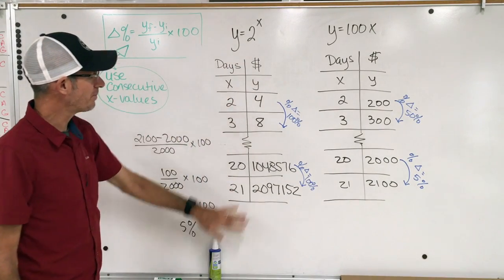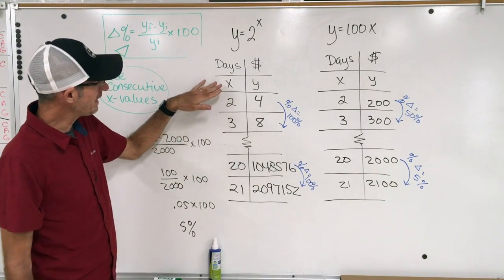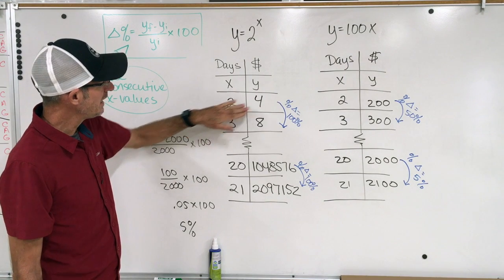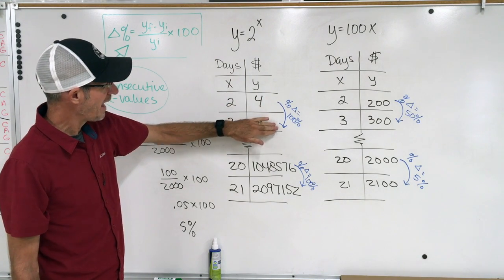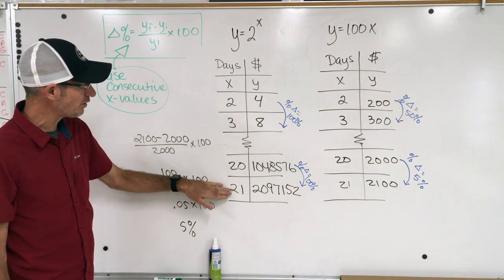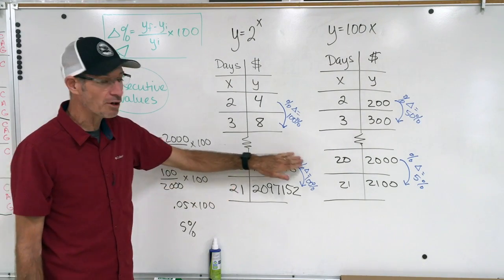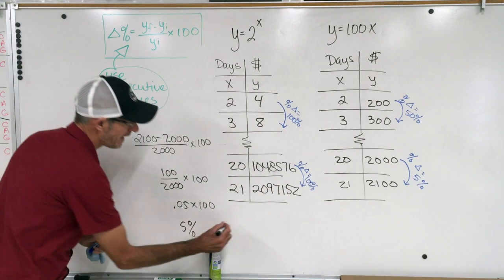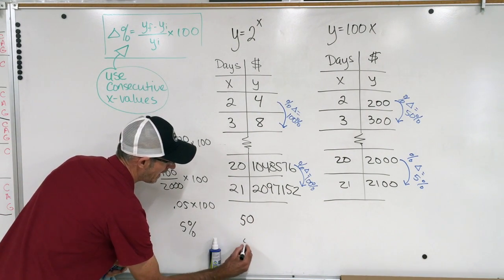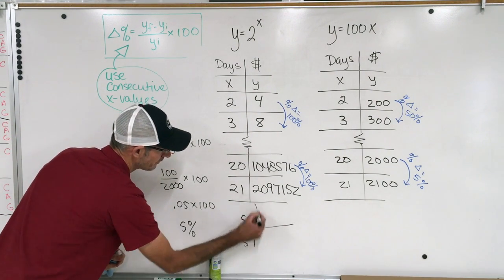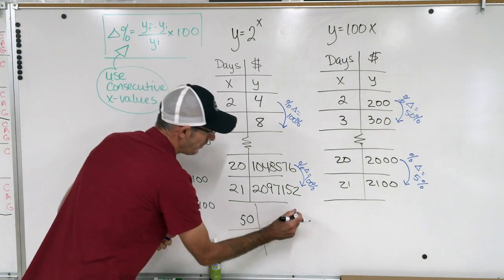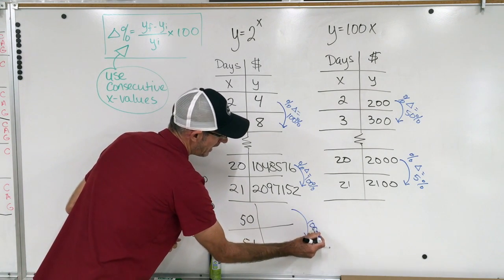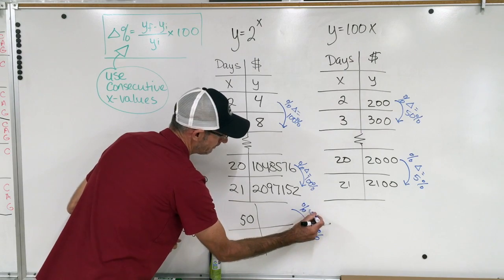When it comes to exponential growth, between day 2 and 3, it grew by 100%. And between day 20 and 21, it was still growing by 100% every day. If we came down to, say, day 50 and day 51, that would still be growing by 100%.